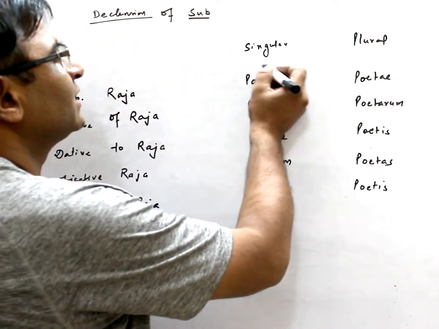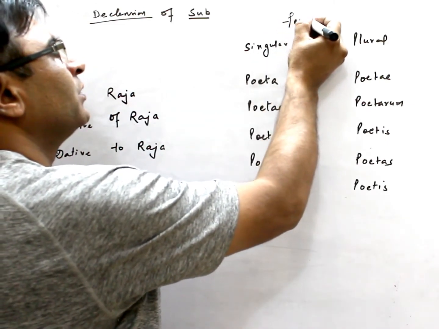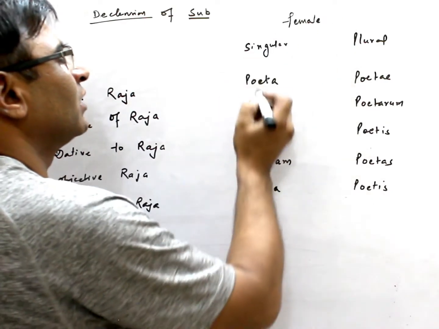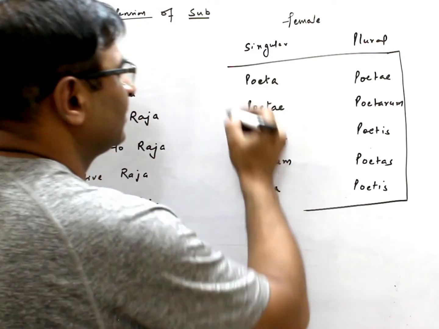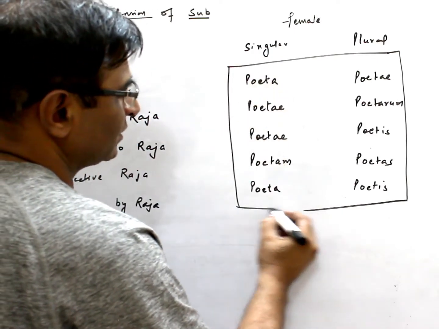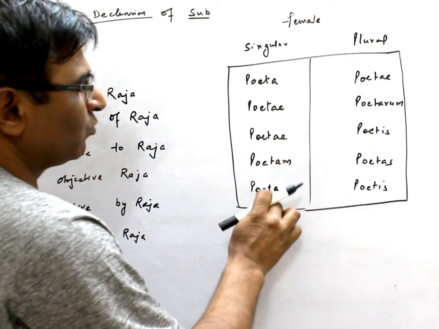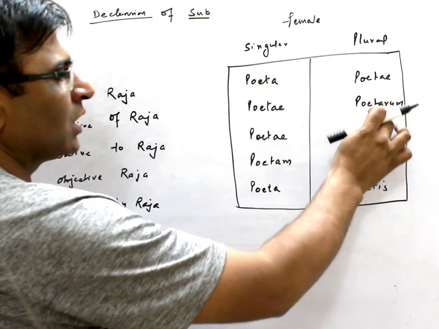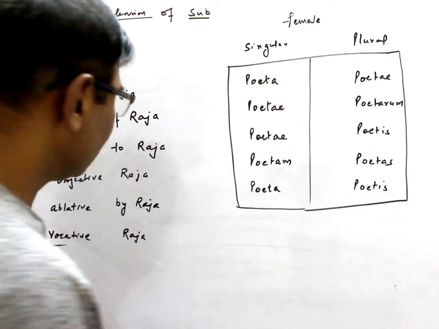So this is declension for a female word. You have to memorize this case: poeta, poetae, poetae, poetam, poeta, poetae, poetarum, poetis, poetas, poetis.